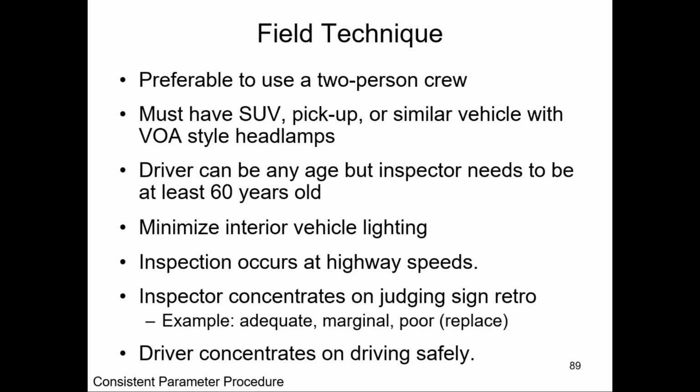It's done at highway speeds, and the inspector just concentrates on judging sign retro, rated as adequate, marginal, or poor. Poor meaning that the sign is recommended for replacement. So again, there's some subjectivity in this as well.